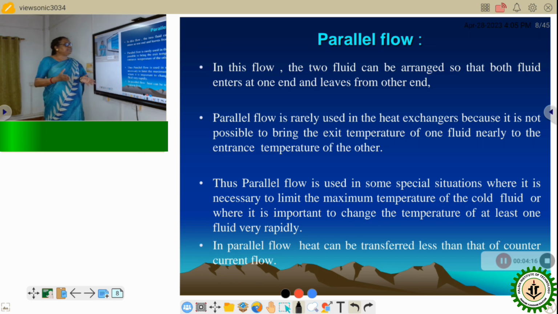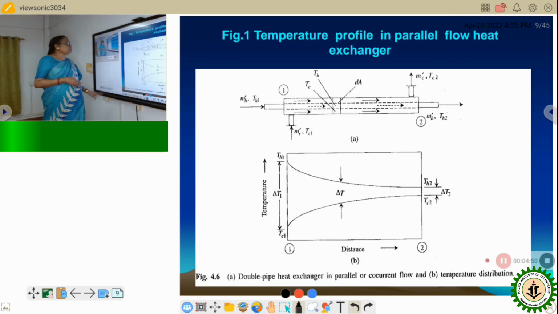The parallel flow is rarely used in heat exchangers because it is not possible to bring the exit temperature of one fluid nearly to the entrance temperature of the other.